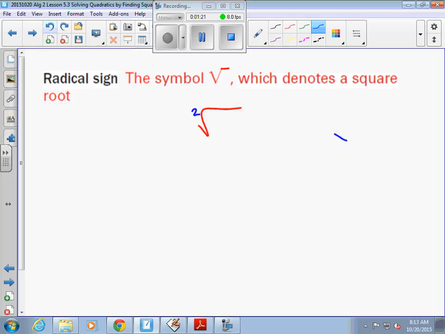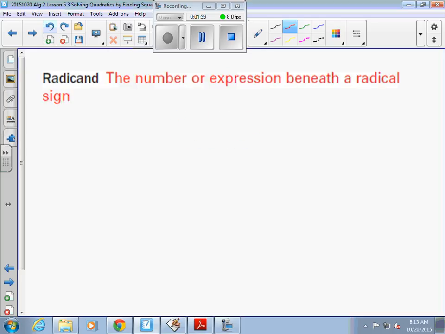Just like if something is raised to the 2, it means x squared. But if you don't see any value right there, you know that that's x to the first power. So for right now, if nothing is shown, it simply means the square root of something.